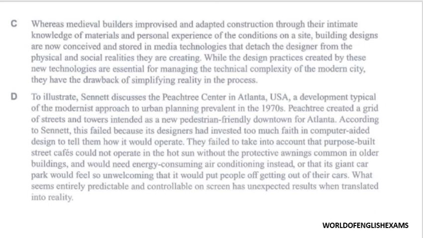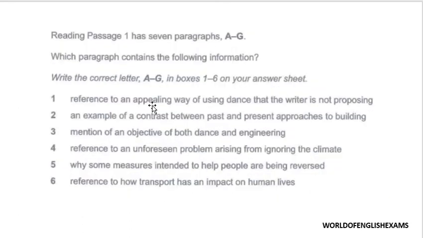So let's go back to the questions and see which paragraph is talking about buildings. So, an example of a contrast. The paragraph itself started with a contrast. Whereas, yes, past and present. So, past is paraphrased as medieval in the paragraph, and also it's talking about buildings. But we did not get anything related to the present approach, current, new approach.